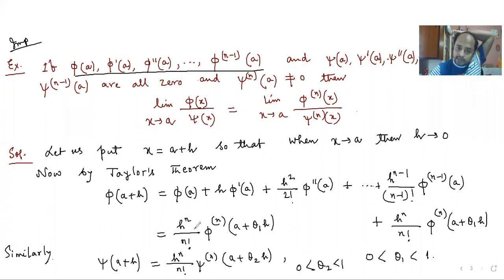I'm not showing it, but this comes because if you expand ψ(a+h) with respect to all the derivatives of ψ, we see that ψ(a), ψ'(a), ψ''(a), up to ψⁿ⁻¹(a) are all 0, so the only thing we are left with is this. Now I'm going to calculate the ratio, so I'm moving on to the next page.